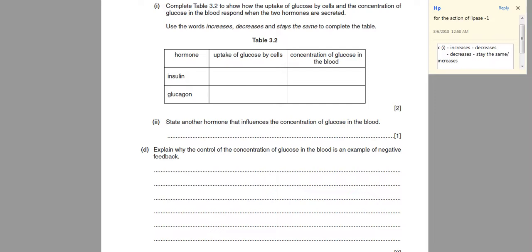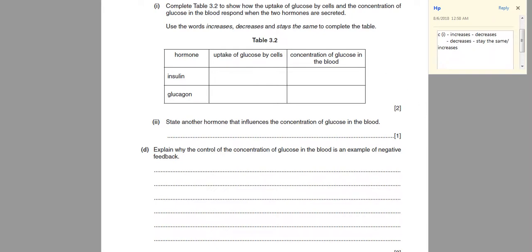Okay, after that, when we are moving to the next part, state another hormone that influences the concentration of glucose in the blood. Other than insulin and glucagon, what is the other hormone that works for it? That is actually adrenaline.